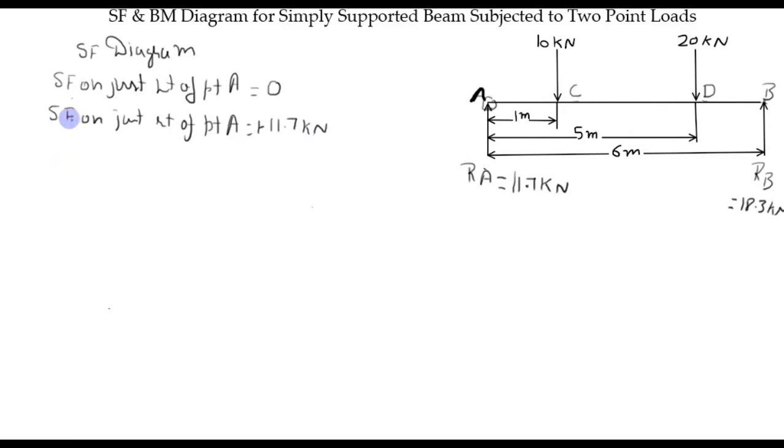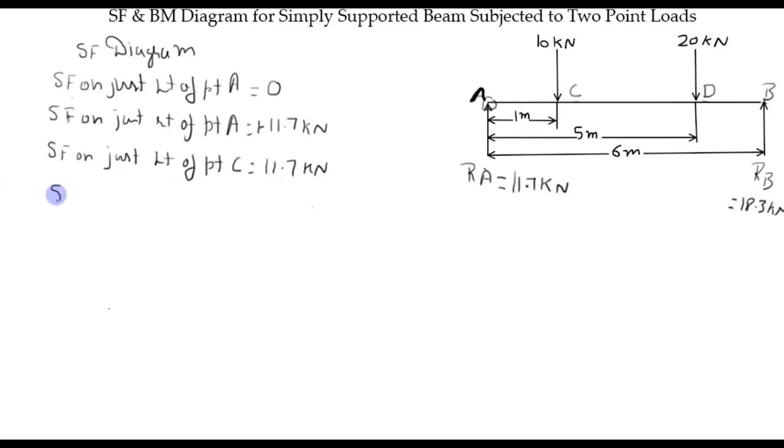Next point in this diagram is point C. So shear force on just left of point C. So place your finger on the just left of point C and sum up all leftward forces. Again there is a single force 11.7 which is acting vertically upward.